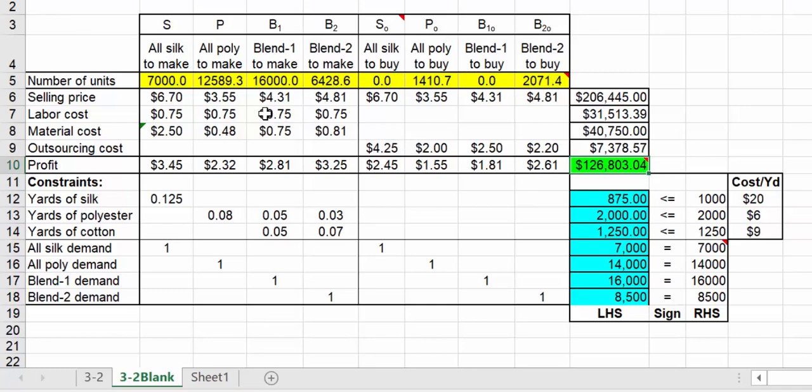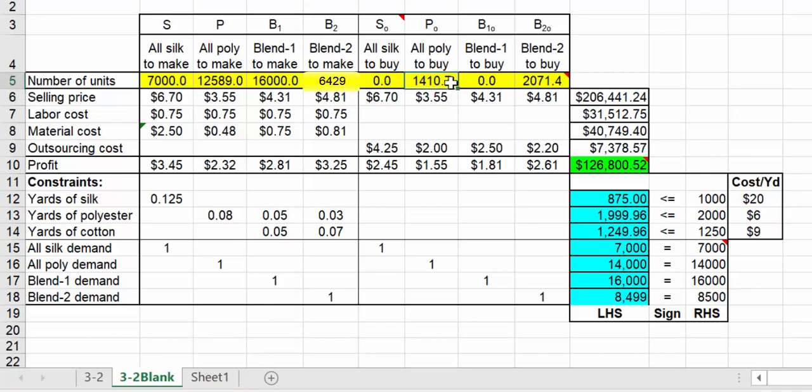One thing to note here is that we can't make 0.3 of a tie, all right? So this needs to be rounded down, right? So we can just take this formula here, and we can just round it down like so, all right? And this is 0.6. We can't have 0.6 of a tie, and we can round that up, all right? Like so.